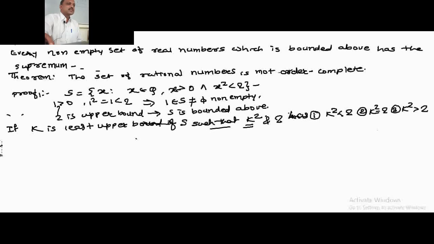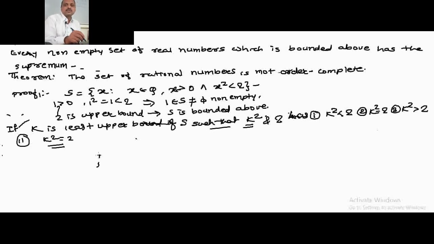That means there is no rational number whose square is 2. So the second possibility, k square equal to 2, is a false possibility. Therefore, this is not possible.